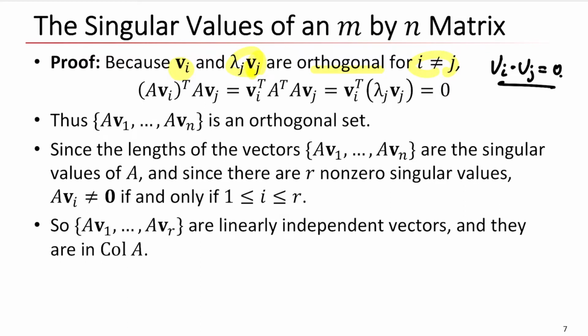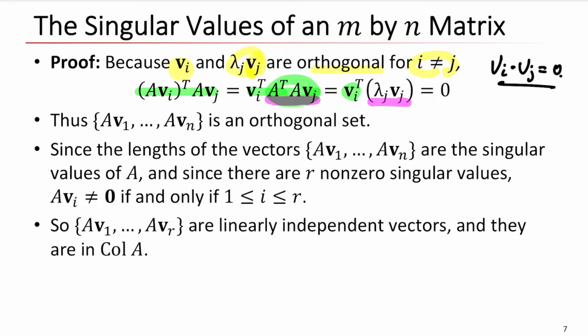And then (Avi) transpose times Avj is equal to vi transpose times A transpose times A times vj, right?